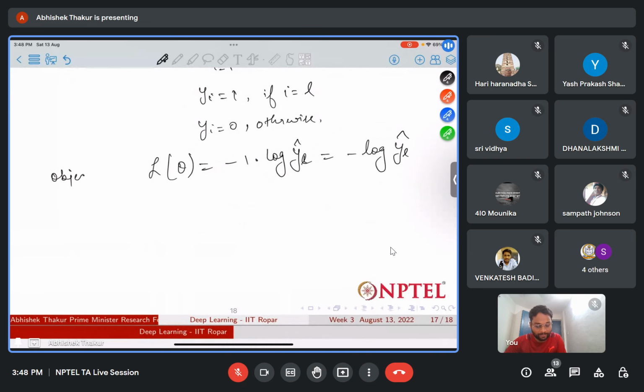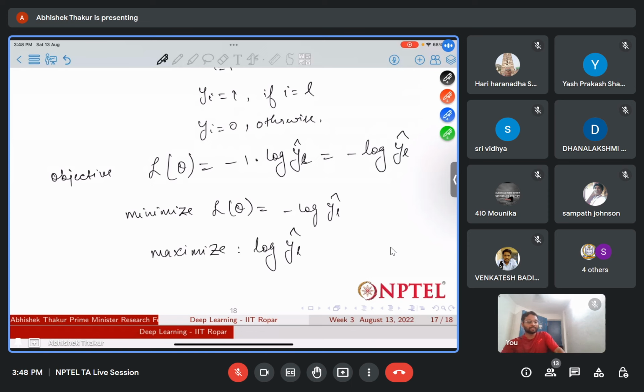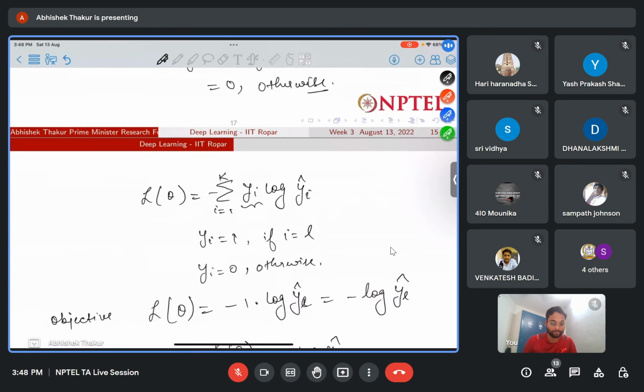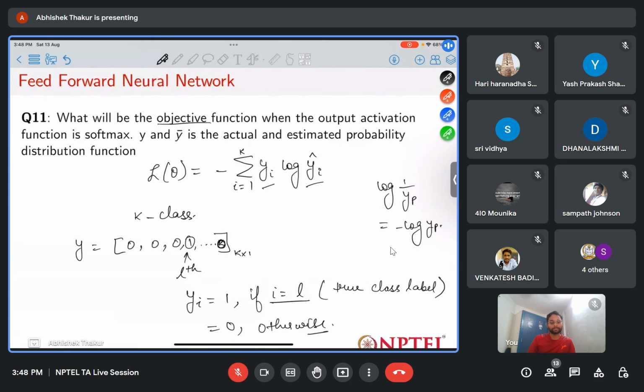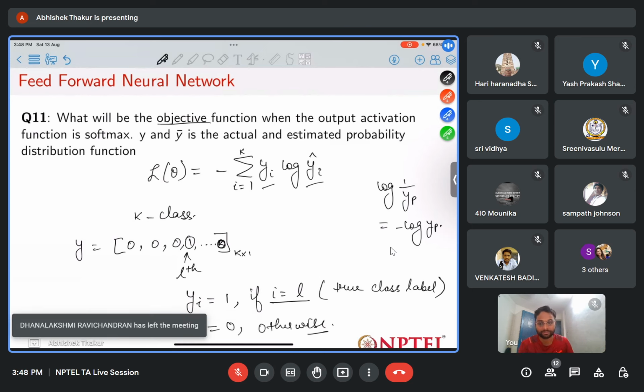Either we minimize L theta, which is equal to minus log yl hat, or we take the negative of this and maximize it, that is, maximize log yl hat. So this is our objective function when softmax is our output activation function.